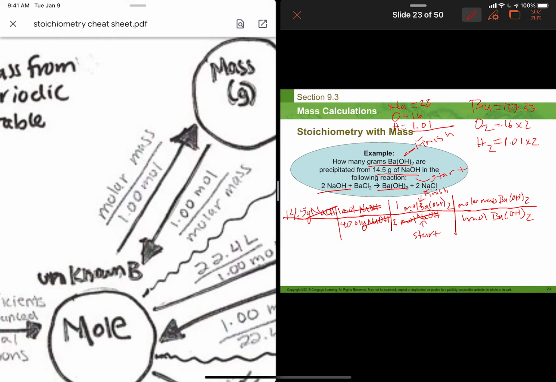So we first do the multiplication, so 16 times 2 is 32. 1.01 times 2 is 2.02. So we're going to add those now together. 137.33 plus 32 plus 2.02 gives us 171.35.